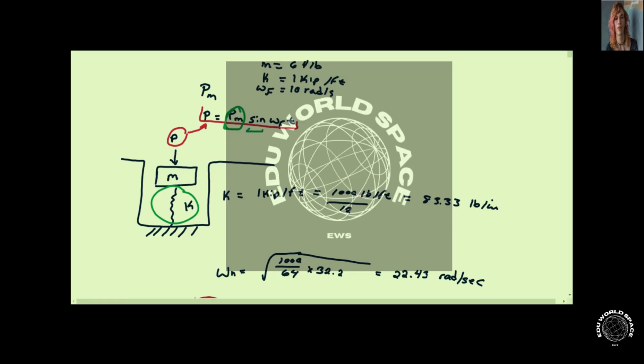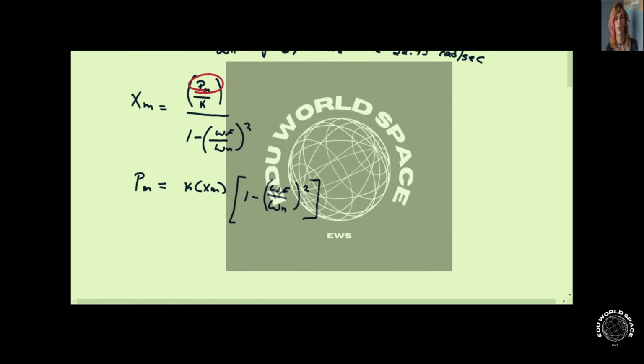So this is what we're trying to do, is figure out what this is. And then later on, you can solve this pretty easily because you're going to know what this is, and you just need to know the t. But right now we don't need to know the t. So we found this PM through the amplitude.